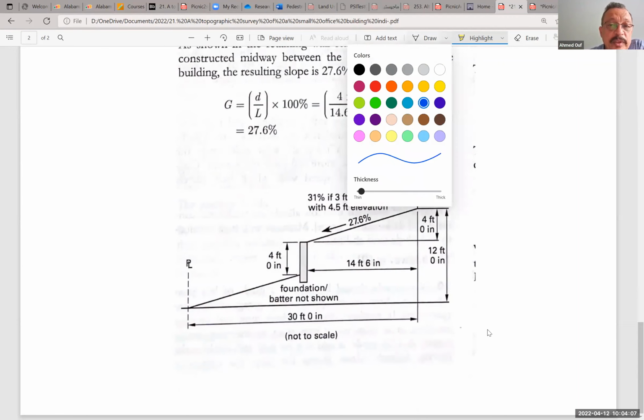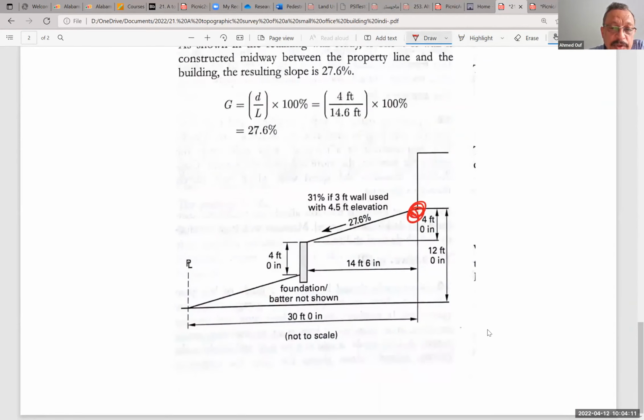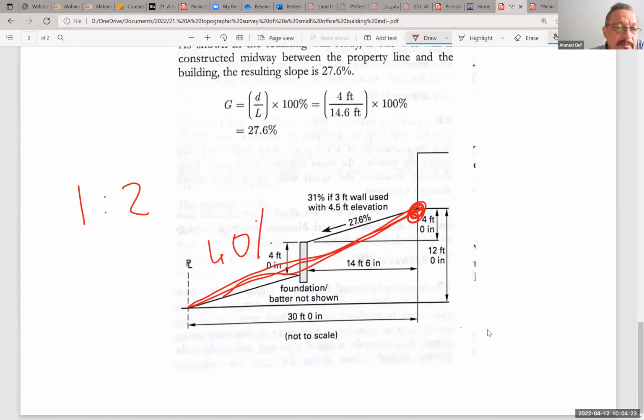What we have been talking about is that if you connect this point here and that point down there, it's almost like 40%. 40% is more than 1 to 2 and a half or something. What does it mean? It means that you cannot cut the grass.